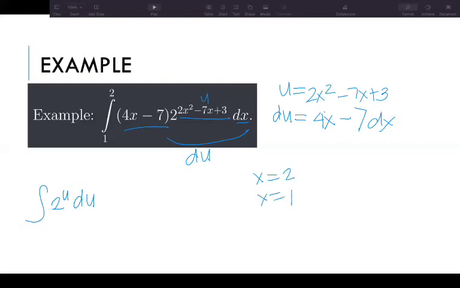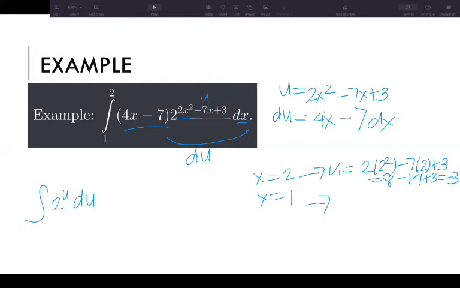But remember, we will adjust this one with respect to u. So u equals 2 times 2 squared minus 7 times 2 plus 3 for the upper bound, which is 8 minus 14 plus 3 equals negative 3.